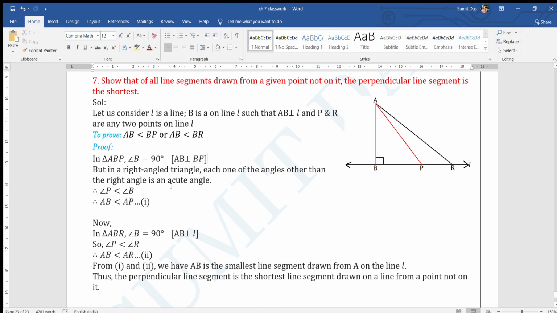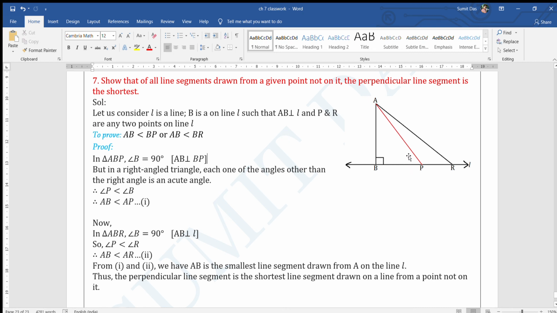Now, in a right angle triangle, each of the angles other than the right angle is an acute angle. We know that in the right angle triangle APB, this is 90 degrees and the other two are acute angles.